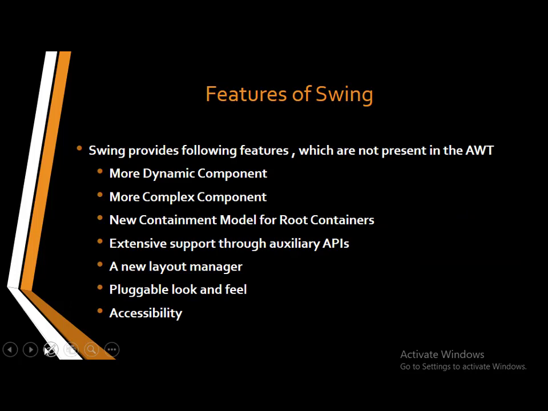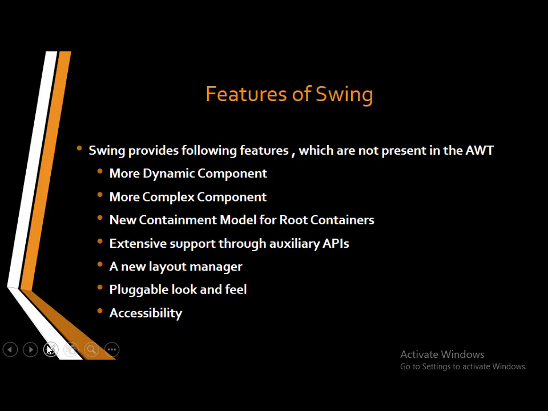Now, what are the key features of Swing component, or why is it necessary to introduce this Swing? Swing is 100% Java component and it is platform independent. Platform independent means if you make an application using Swing component and if you change your OS, its look and feel will not change as per your OS.